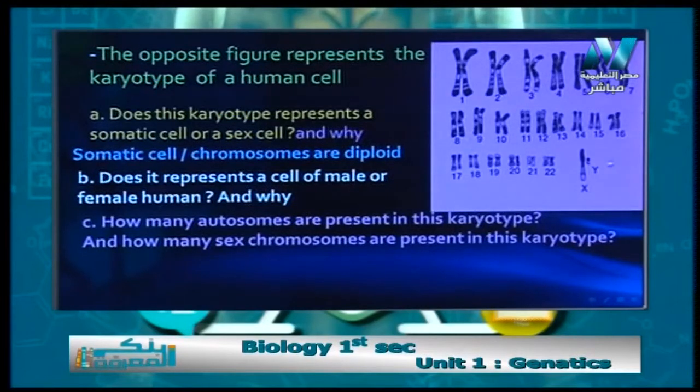When you look to the pair number 23, which determines the sex of the individual, you will see XY, different. That means this karyotype is related to male because it's containing pair XY.